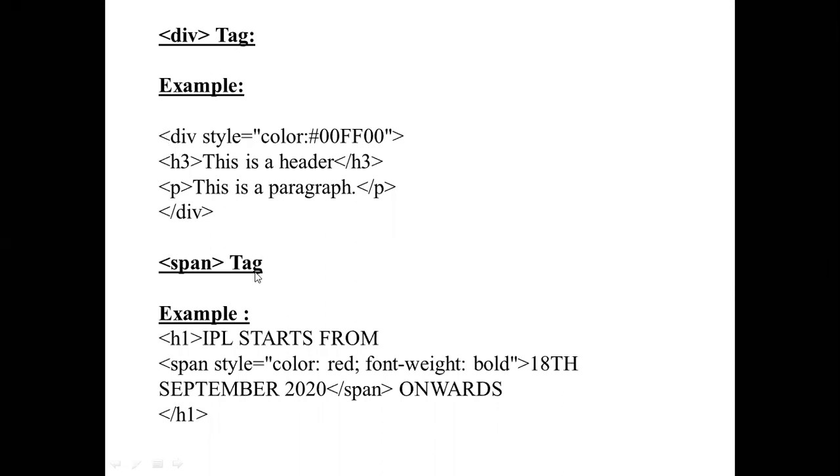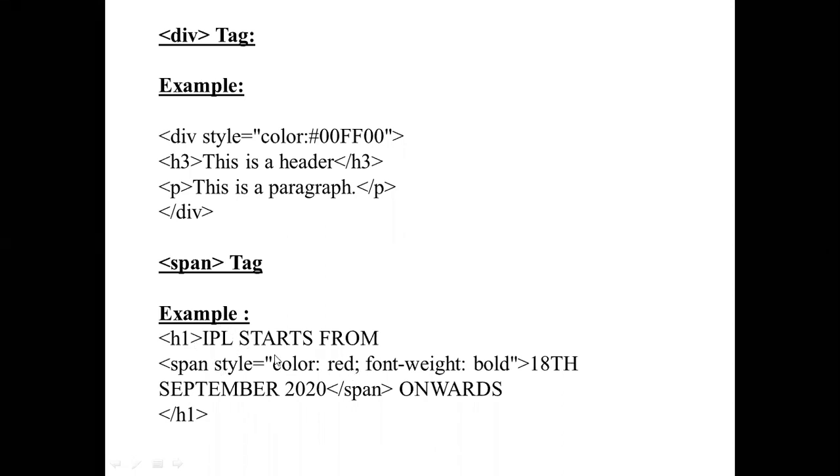Next, the span tag. It is an inline container used to mark up a part of text. For example, in an h1 tag, IPL starts from 18 September 2020 onwards. If you want to mark up the text 18 September 2020 in red color, or some other part of the text, then we use the span tag.